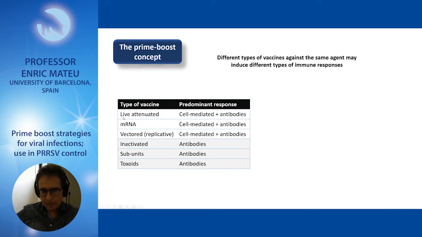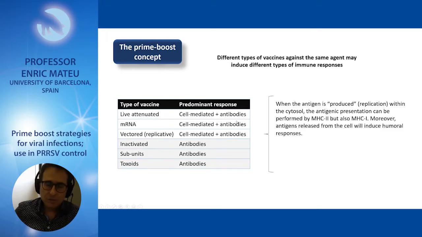Some vaccines, like the live-attenuated vaccines or the mRNA vaccines, for example, the COVID vaccine from Pfizer or Moderna, or the vector vaccines that contain a replicative agent, mostly induce cell-mediated immune responses plus antibody responses. The reason for this is that in these cases, the antigen is produced usually by replication. This wouldn't be the case with mRNA that uses a different mechanism, but in all cases, the antigen is present in the cytosol of the cell.